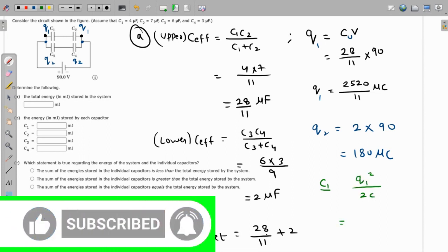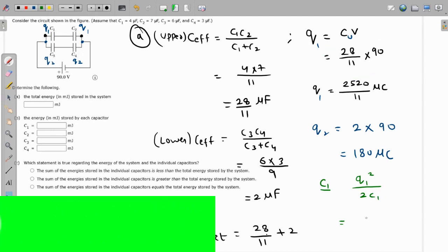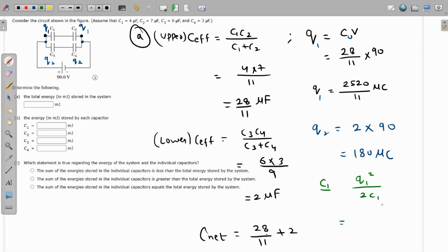Q1 is this and C1 is 4, so I'm just going to substitute this value. 28 times 90 over 11 is 229.09, and that's what I'm going to substitute here. So this number square over 2 times 4.